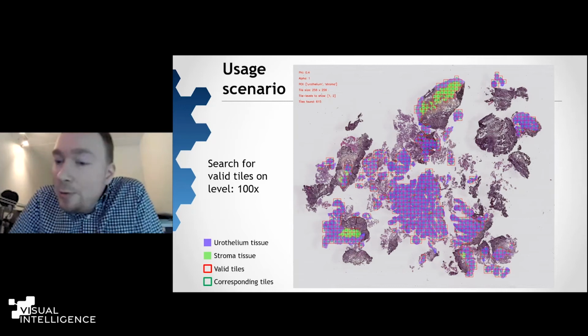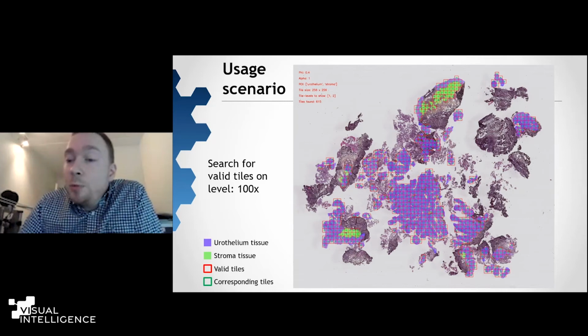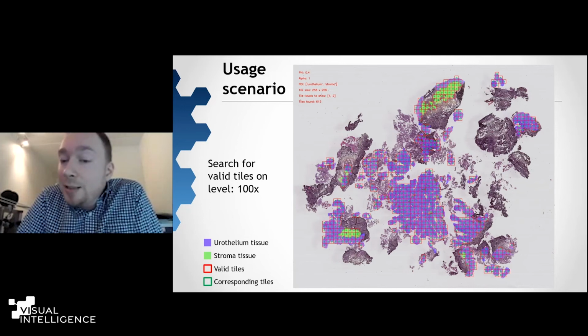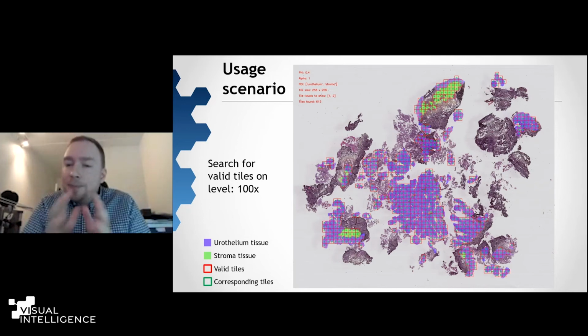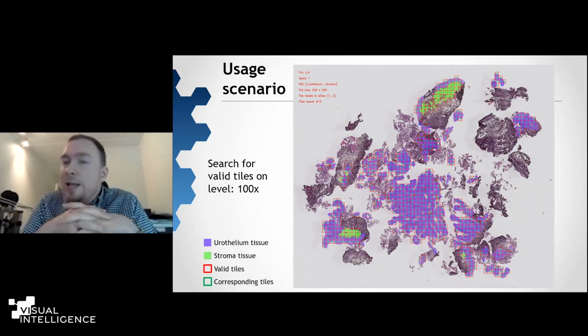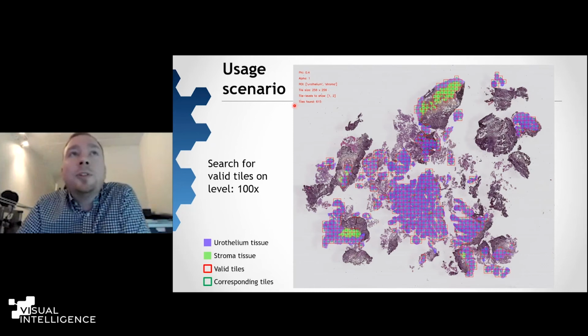Here we have the same image, but we are now using level 100x to search for valid tiles. Because the image is larger, the tiles appear smaller, and there is also room for more tiles. And in this case, we find over 600 tiles.